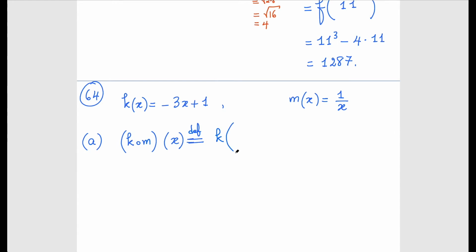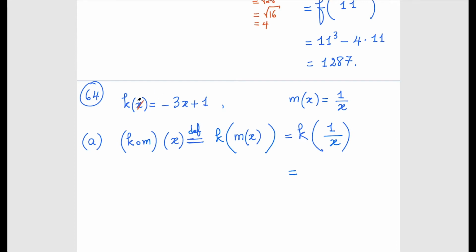The left one is going to act on the result of the right one acting on the input. So k is going to wait for m of x to be manufactured, and m of x is 1 over x. Now the 1 over x is going inside k, right?